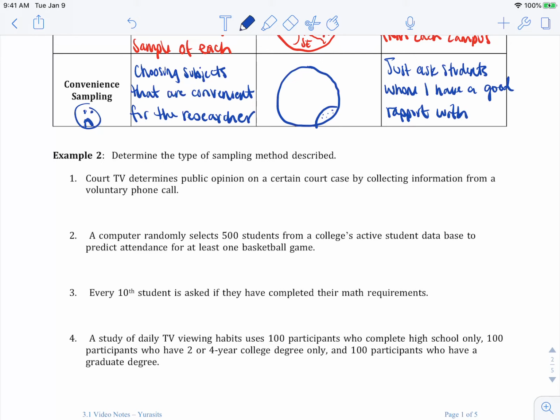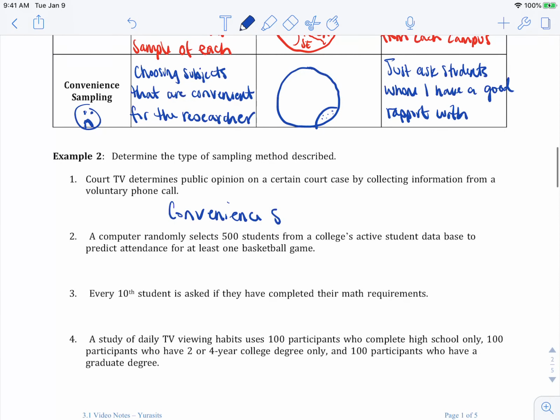So this is really relying on people to pick up the phone and answer questions that Court TV wants to ask them, right? So that's why this would be convenience. I mean, we're really relying on people to reach out to us to get information. We're not going to get a good idea of how the population feels.